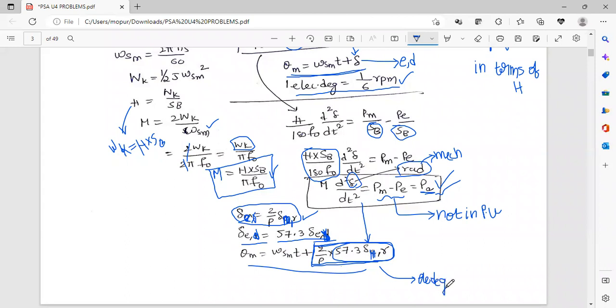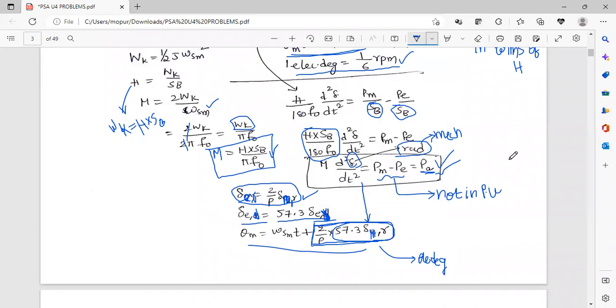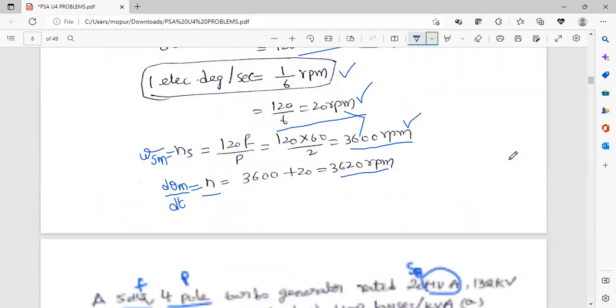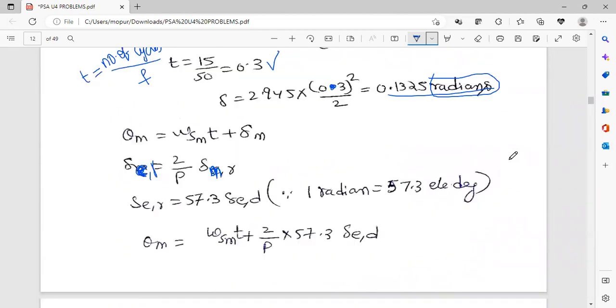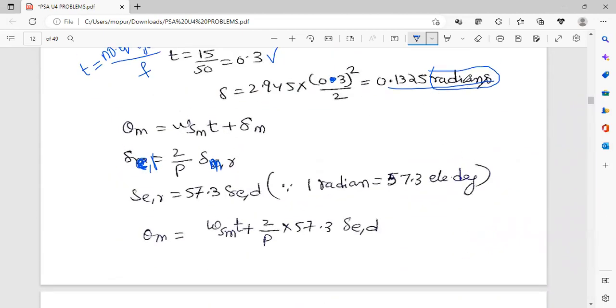Now we had already got this in mechanical radians. So you just multiply this, and this is electrical radian. This is also mechanical, this is mechanical radians.